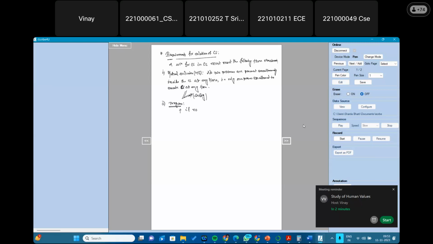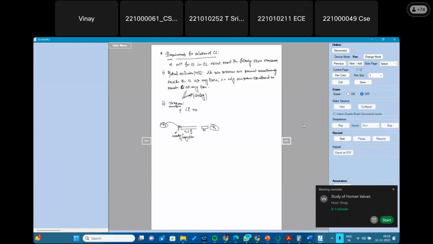What basically I am saying is, let us suppose this is the critical section. Okay, we have two processes P0 and P1, right? Right now there is no process in the critical section, initially or at any time. Now P0 wants to access the critical section. This is the critical section for P0.